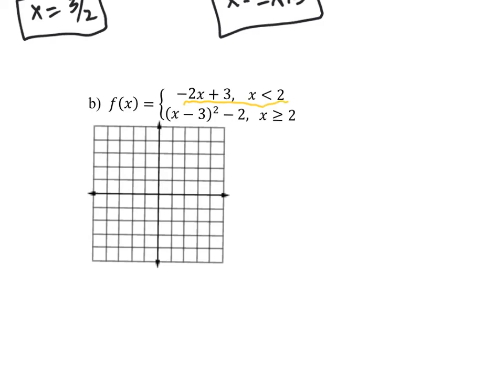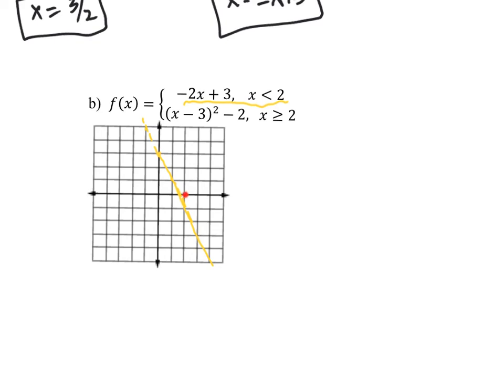Okay, this is a line. The y-intercept's 3. The slope is negative 2 over 1. Okay, so it looks something like this. If you have pencil, make it light because you know you're going to erase part of it. Okay, now let me think about this because this is only valid when x is less than 2.